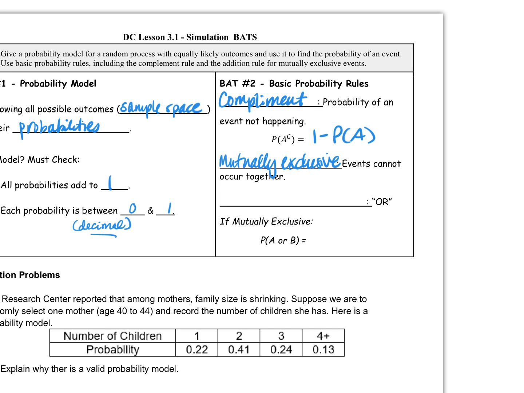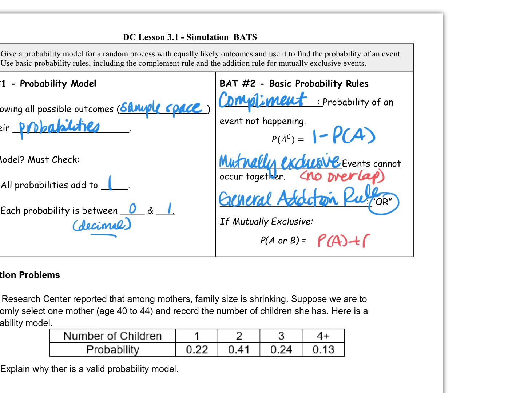And then the last idea here is the general addition rule. This comes into play anytime you see a question about does this or this happen. If the two are mutually exclusive, meaning there's no overlap, then all you have to do is add them.